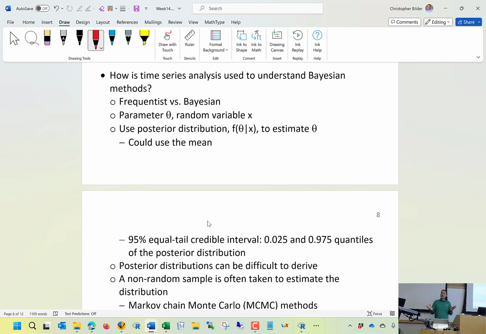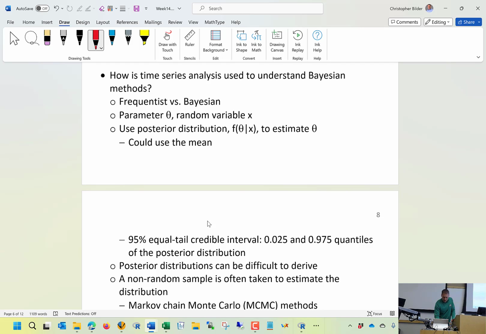Meaning, this mu is a parameter, but let's assume that it has a probability distribution because we don't know the exact value. So we're going to attach probabilities to possible values of that parameter. That's the way the Bayesian will think about these things.